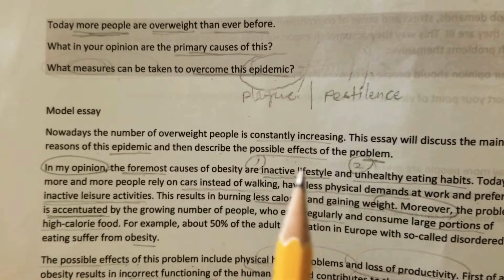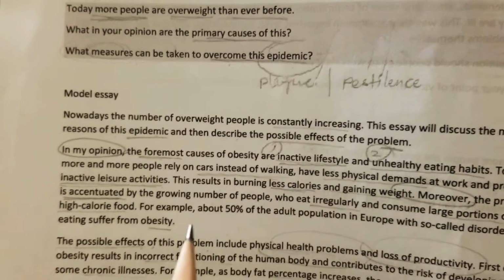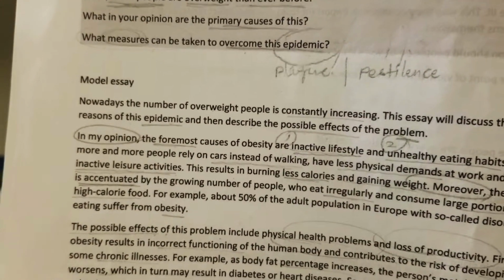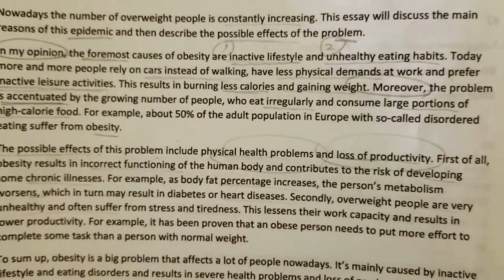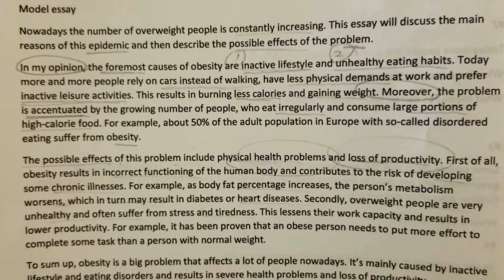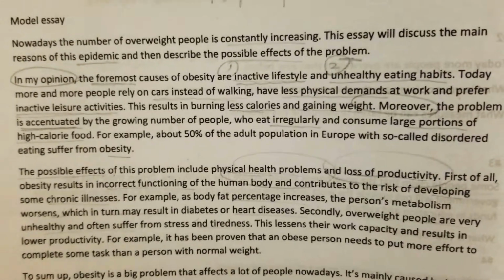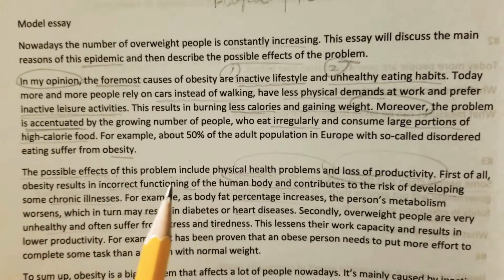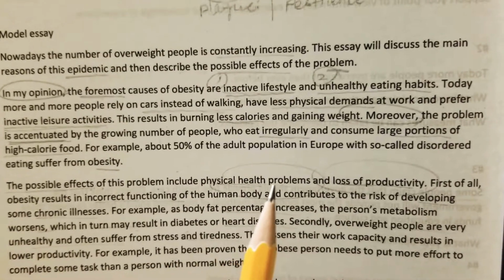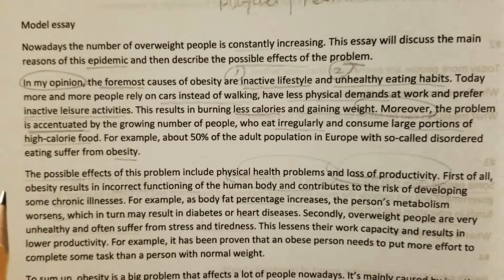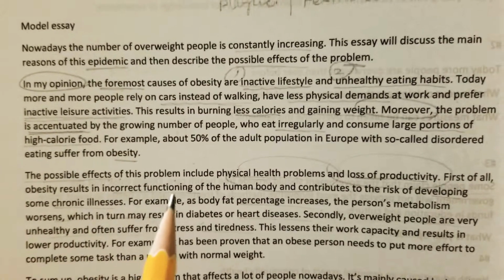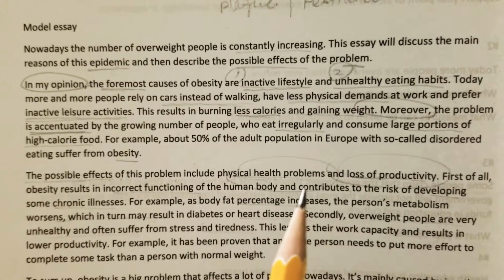So in paragraph 2 we have just talked about the reasons. Now in the next paragraph 3, we'll talk about the solutions, how these problems can be resolved or overcome. So see here, the possible effects of this problem include physical health problems and loss of productivity. First of all, obesity results in incorrect functioning of the human body.